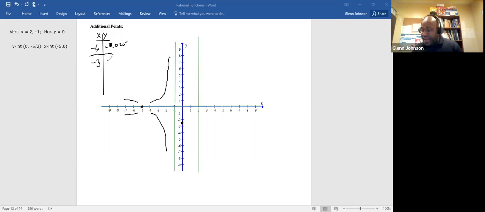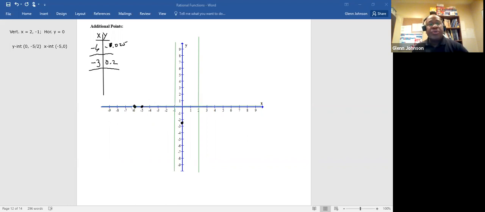Now, if we plug in -3, we get positive 0.2. So the positive value there tells us that between -5 and -1, it'll be above the x-axis.